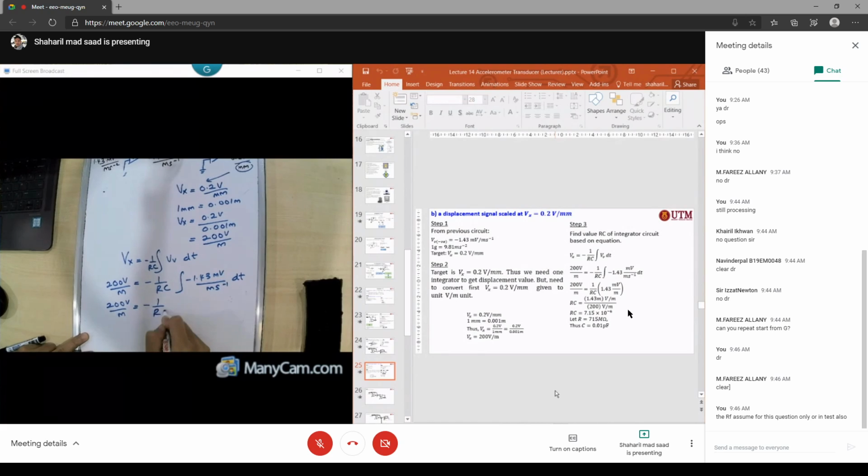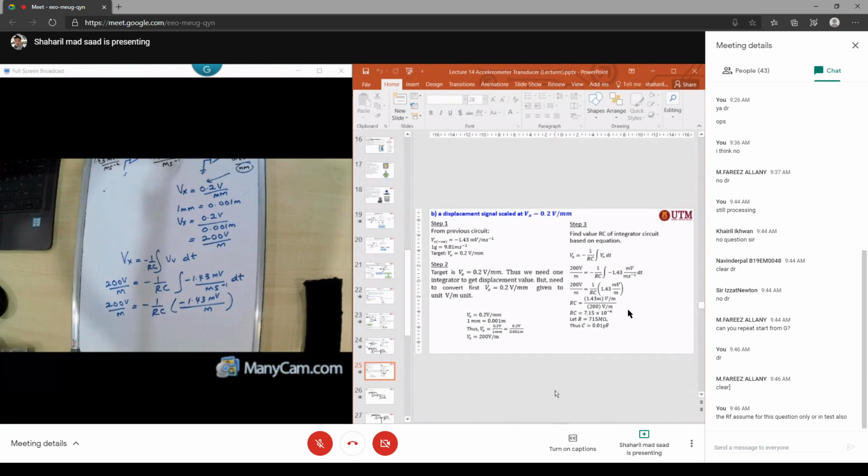When you integrate, the per second will be lost, so now it becomes meter only.